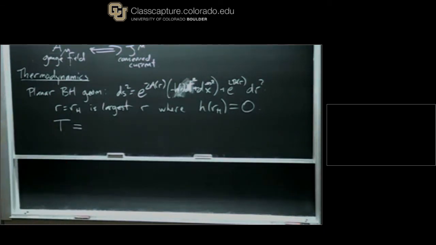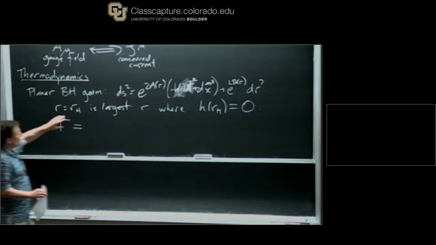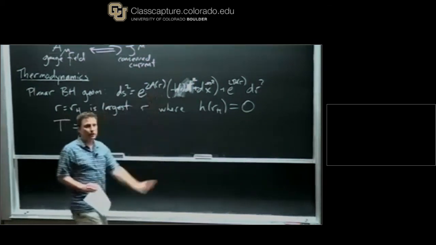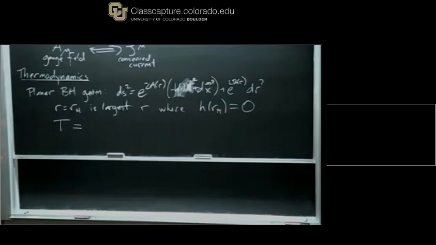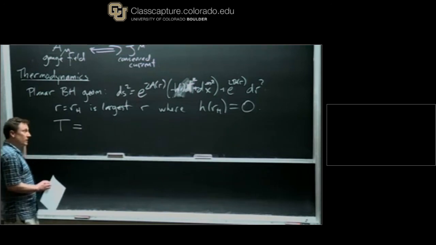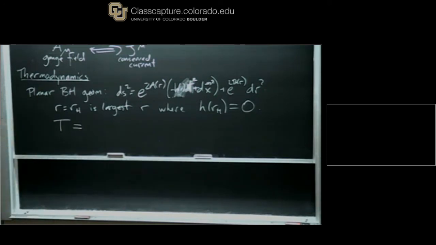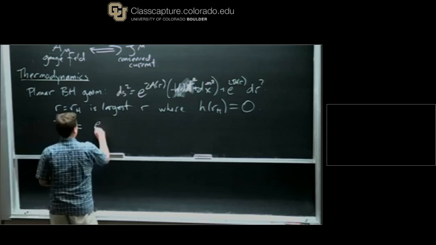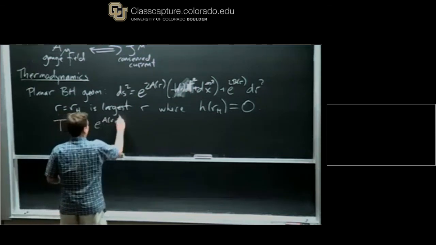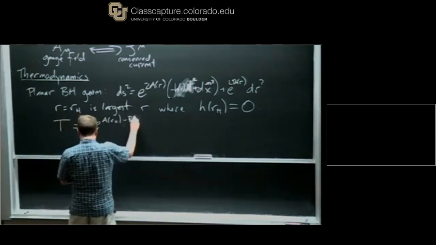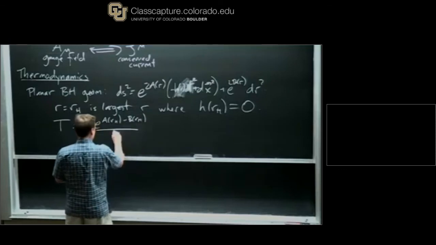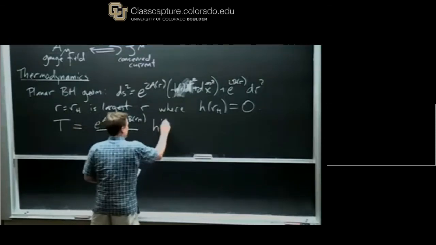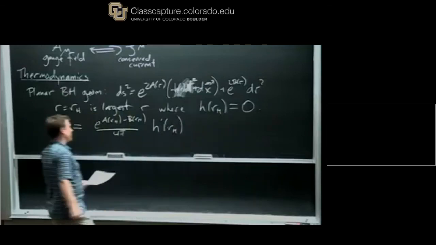What people do in practice is to continue to Euclidean space near the horizon, and they get a geometry that will have some deficit angle and be singular unless the periodicity of the analytically continued time coordinate takes a particular value. And that gives you the temperature. So I'll just write down that it's e to the a at the horizon minus b at the horizon over 4 pi times the derivative of this vanishing horizon function.